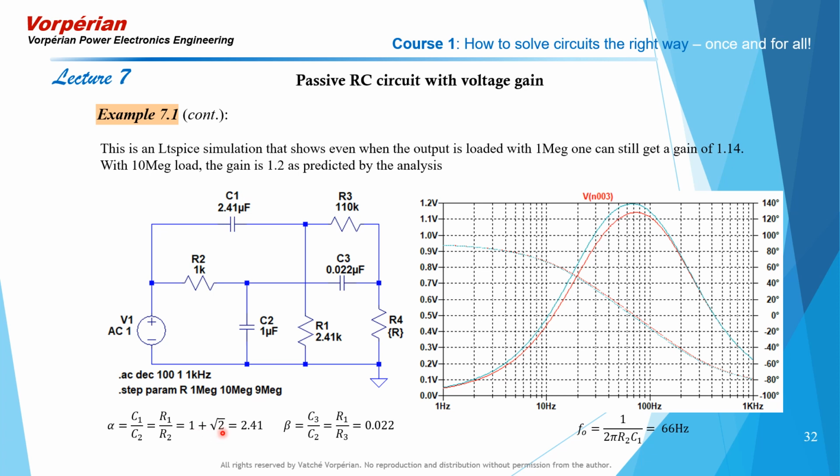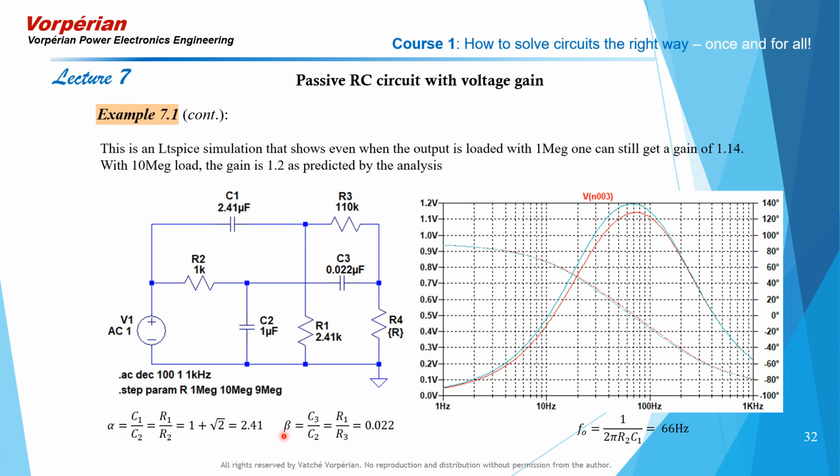So C1 is chosen to be 2.41 microfarads, while C2 is 1 microfarad. That's that ratio there. And R1 is chosen as 2.41K, while R2 is 1K. So these two, their ratio satisfies the alpha maximum condition.